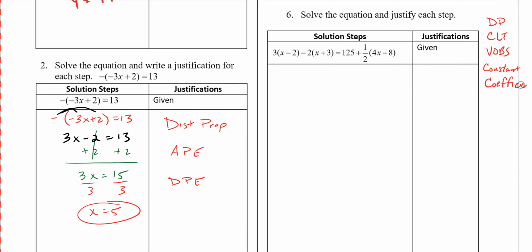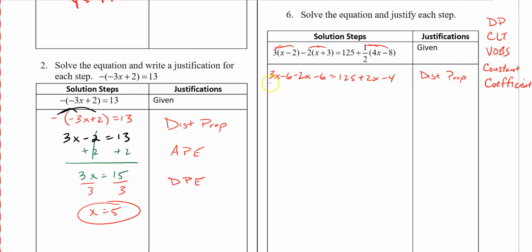So that's the order that we're going to follow. So we have distributing, distributing, distributing. So we get 3x minus 6 minus 2x minus 6 is equal to 125 plus half of 4x is 2x and half of negative 8 is negative 4. So that was distributive property.